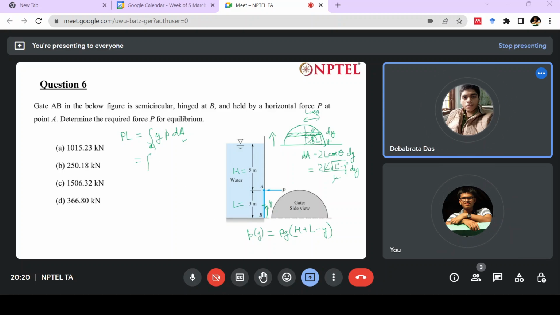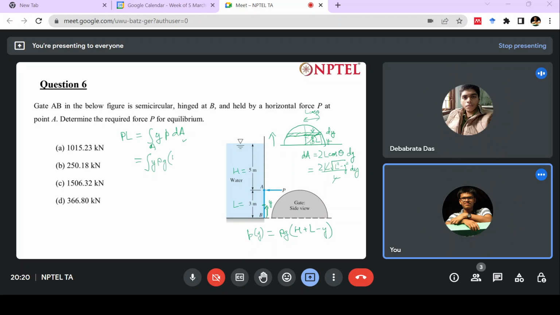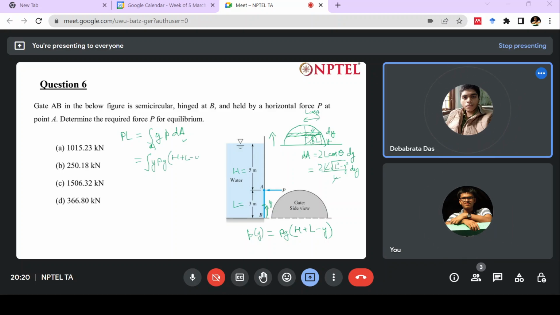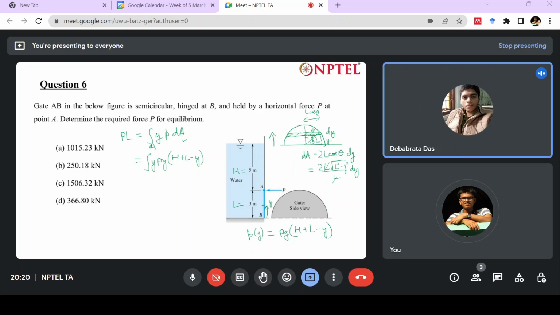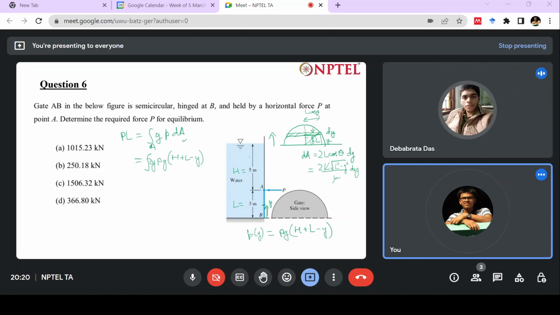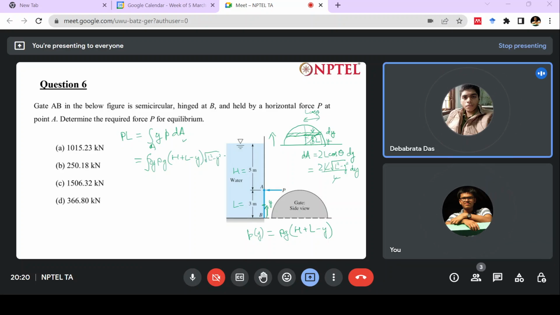So I'll just put it here: y into rho g (H plus L minus y). dA I will put from this side: this is 2 into root over L square minus y square into dy.